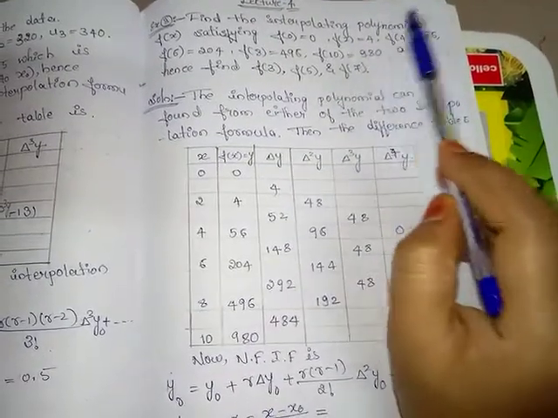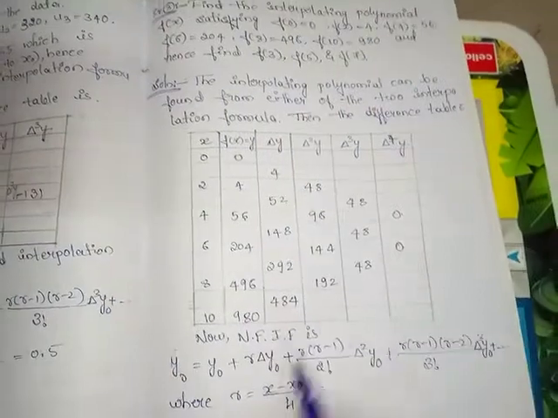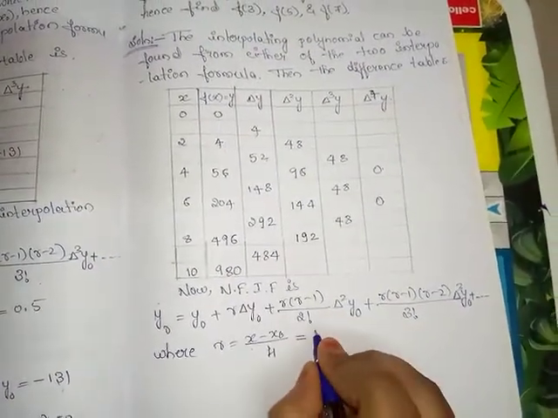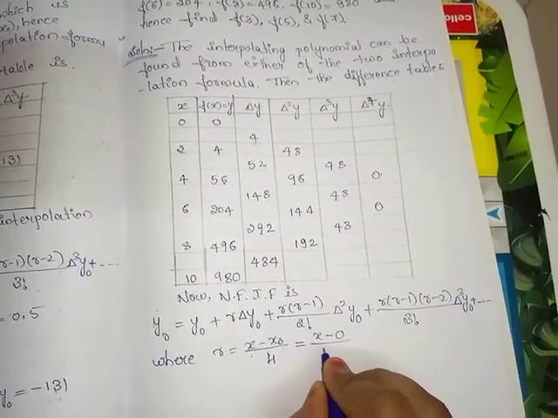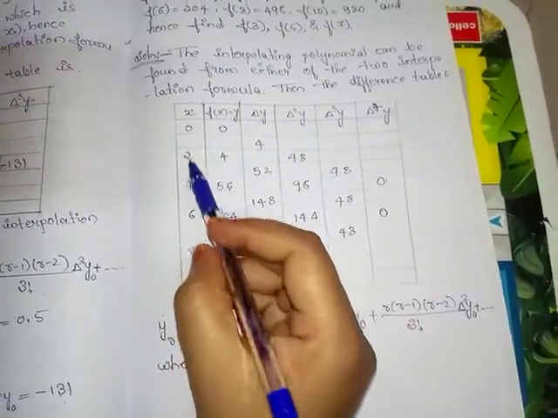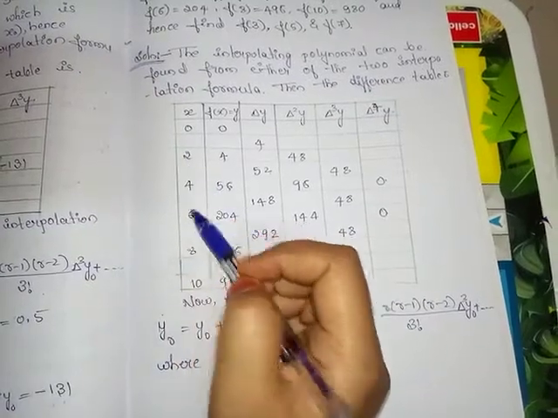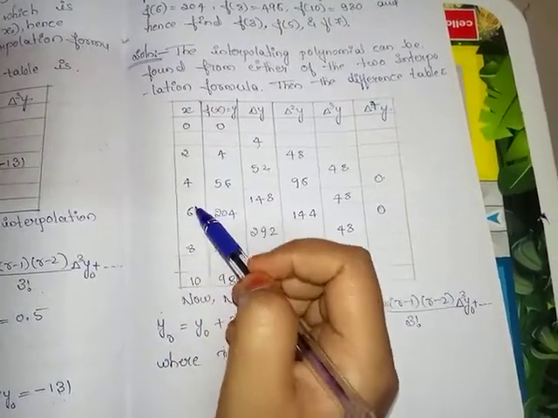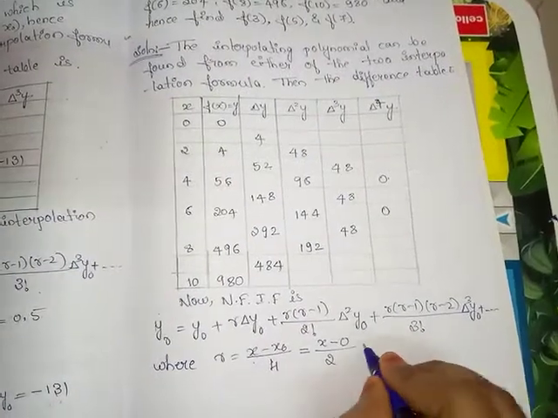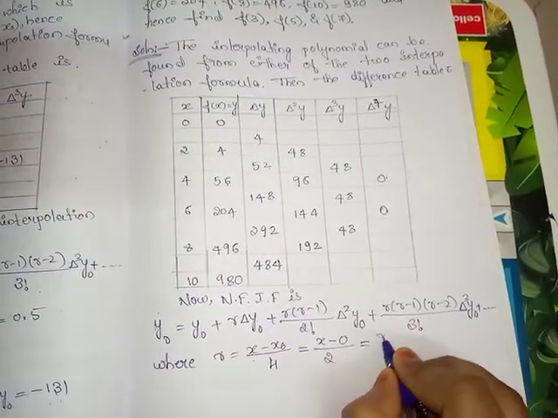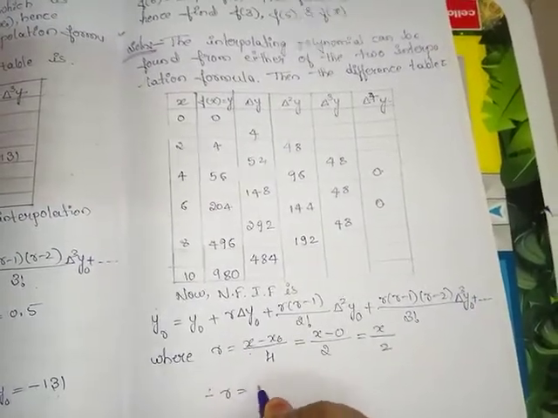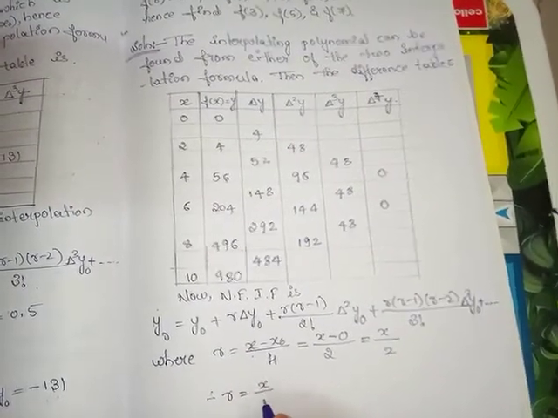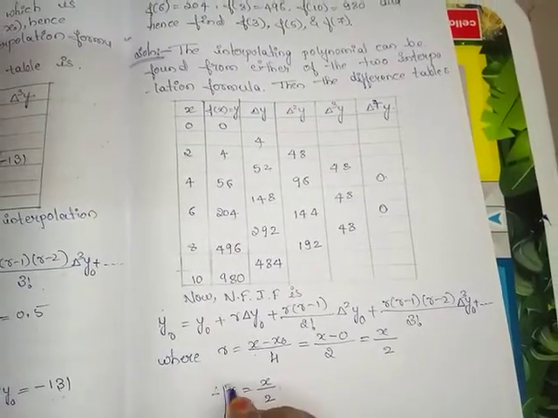They are not given one exact desired value here, so keep x as it is. x minus x naught is x minus 0, divided by h, whose value is 2 here, because we have a common interval of 2, a fixed difference of 2. So x minus 0 is x, and this will be x divided by 2. Therefore the value of r is equal to x divided by 2.